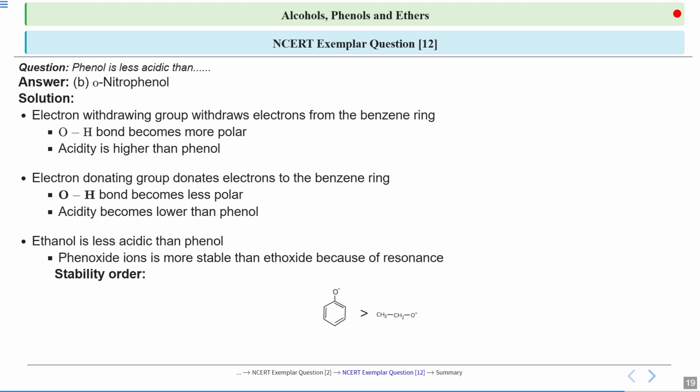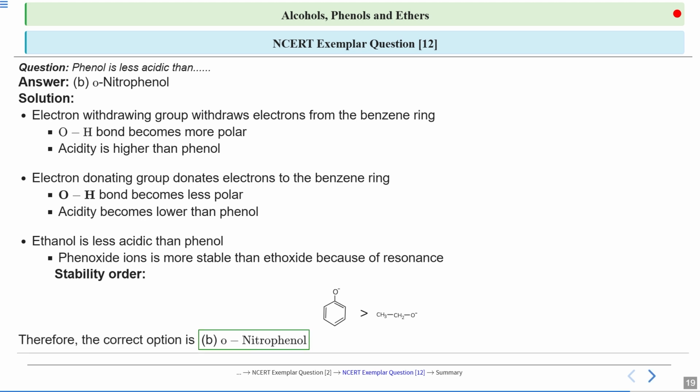On the other hand, ethoxide ion, when it loses its H positive, is not comparatively stable, right? The resonance factor is stabilizing the phenoxide ion, so stability is more in the case of phenoxide. This is why ethanol is less acidic than phenol.